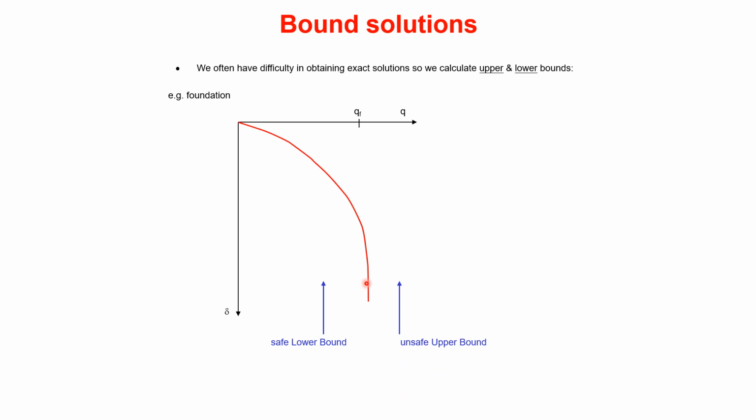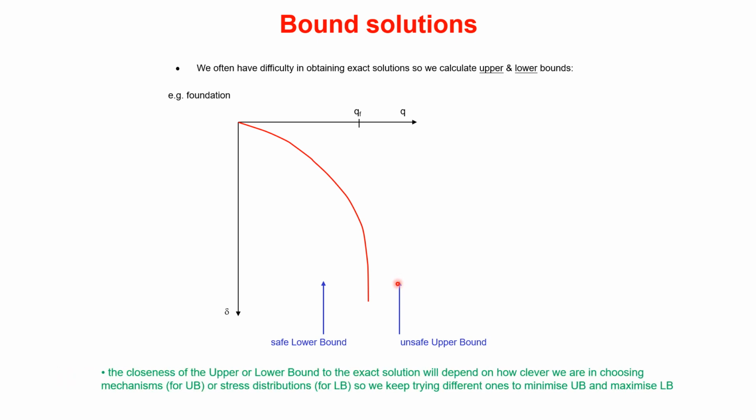And we will calculate an upper bound that we know is unsafe. Now that may seem a bit useless to calculate an upper bound that you know is unsafe, but of course what we will be doing is to try to minimize the upper bound and maximize the lower bound so that we make as narrow as possible the gap between the two so we can be pretty sure about what the number should be.